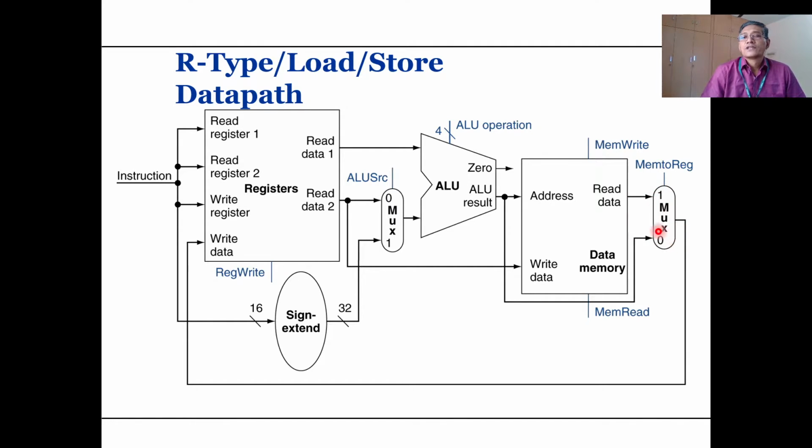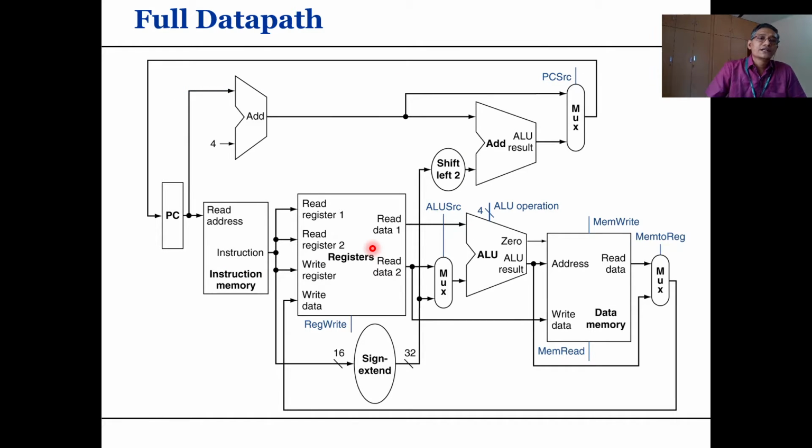To decide that, if it is memory to register, the control signal for this multiplexer will be 1, where the value read from the data memory will be stored into the register. Otherwise, the multiplexer control signal is 0. If it is 0, the result obtained from the ALU will be stored into the register in this particular path. So these are the different multiplexers we are employing for feeding the corresponding inputs correctly.